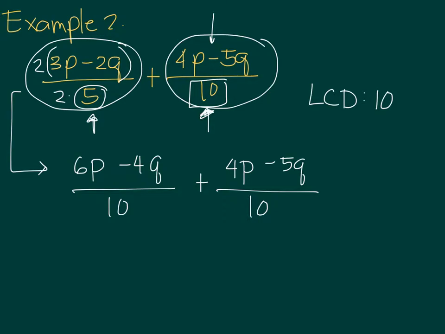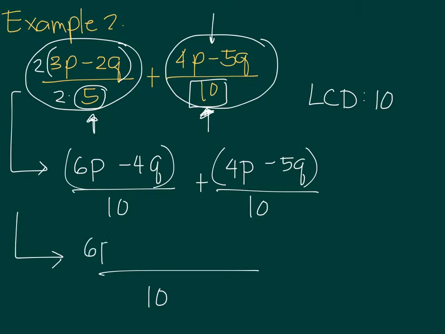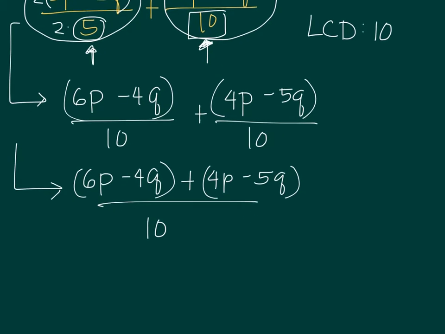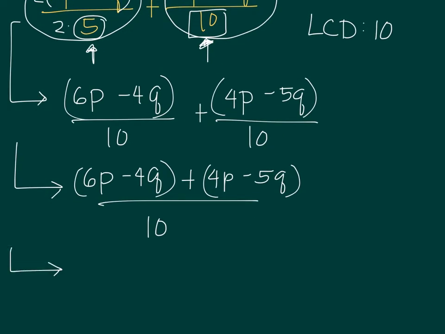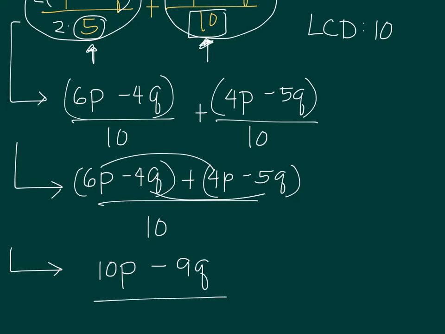So the answer will be over 10, and all you have to do is to add the numerators of each fraction. So you have 6p minus 4q and then plus 4p minus 5q, and then just add the numerators. 6p and 4p is 10p, while negative 4q and negative 5q will become negative 9q, or minus 9q, so over 10.